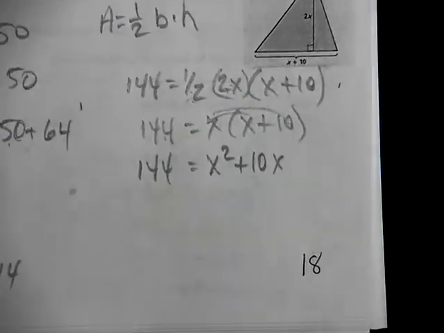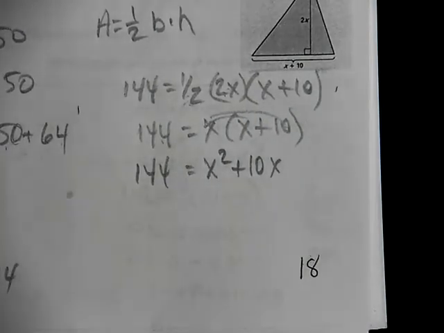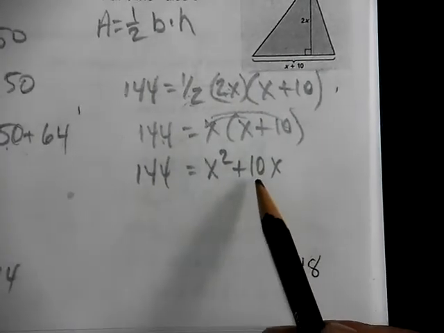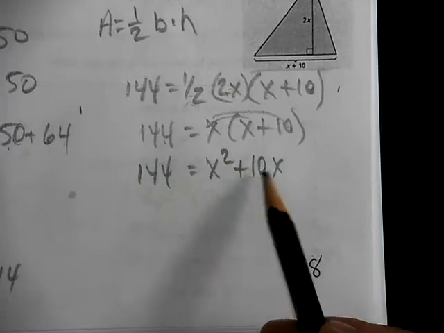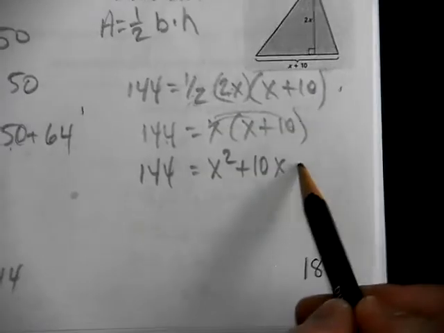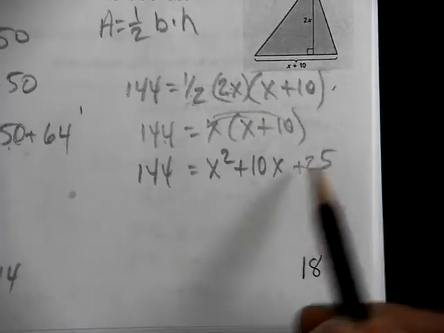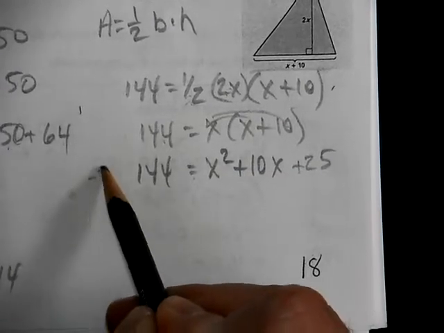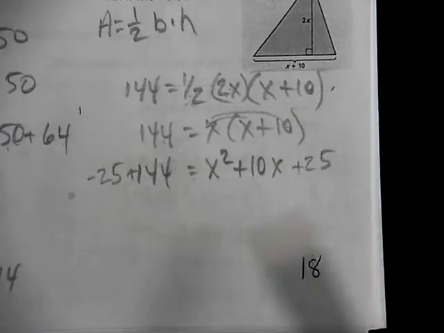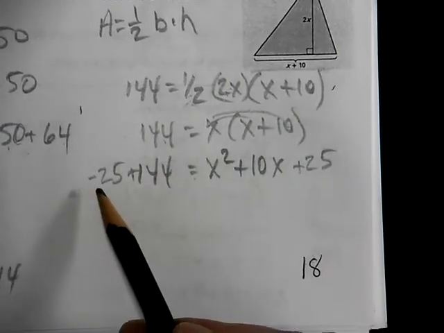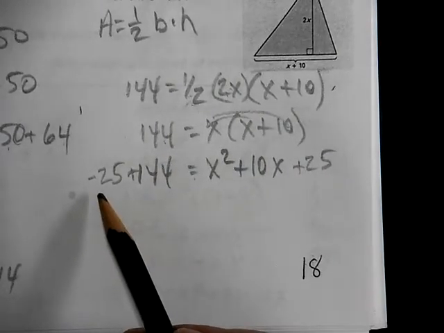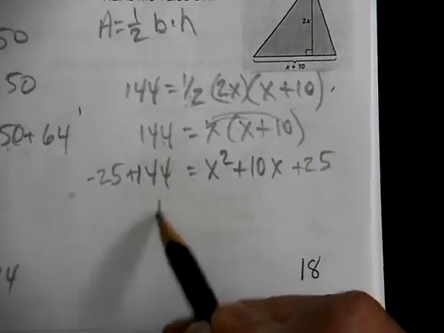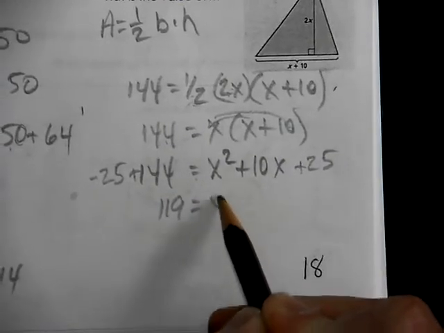Since I already have the 144 on the other side, let's just complete the square from here. Let's take our 10 divided by 2 and square it. So that's 25. And since I'm on the opposite sides of the equal sign, I have to do the opposite of a positive 25. That would be a negative 25. That gives me 119.